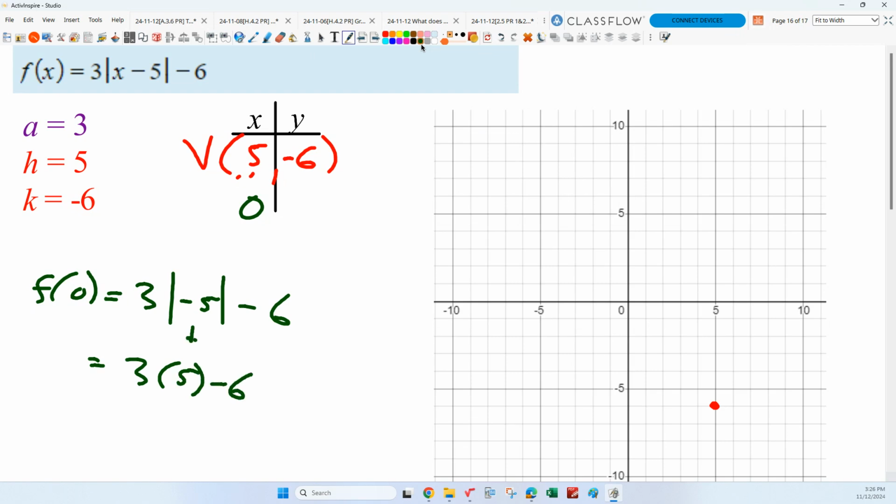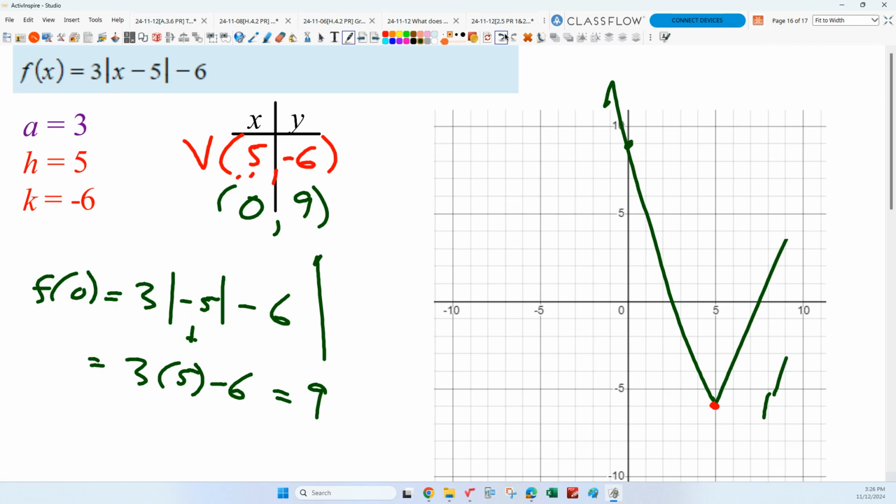What's 3 times 5 minus 6? 9, yeah. So I get the point 0, 9, so clear up there. I could just do that on my graphing tool. I would just pick that as my other point, and it would automatically create both legs. Okay, you want to do one more, or you think?